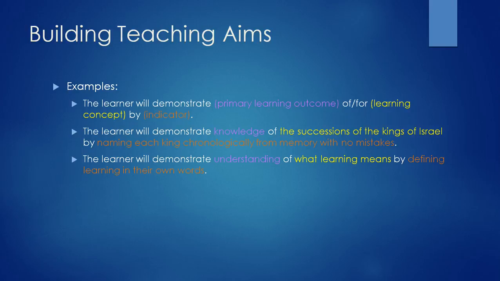Remember, we said learning is a change of knowledge, understanding, attitude, and skill brought about by experience. And then I asked you to change those words out and put your own words in there. And you had to think about, well, what is change? What is knowledge? What's another word for understanding? And by putting your own words in there, you've shown me that you have a level of understanding, comprehension of what learning means.